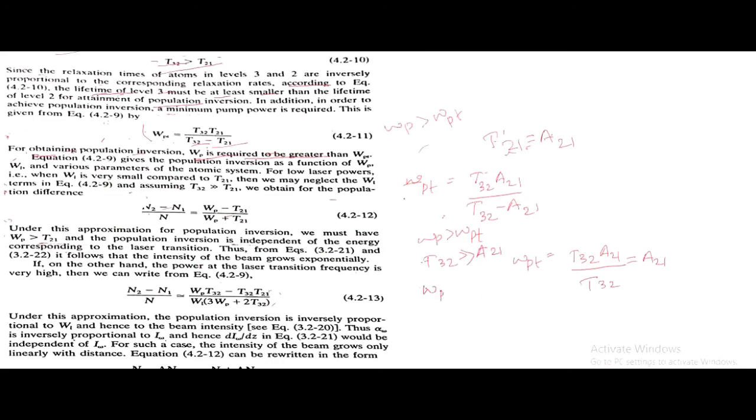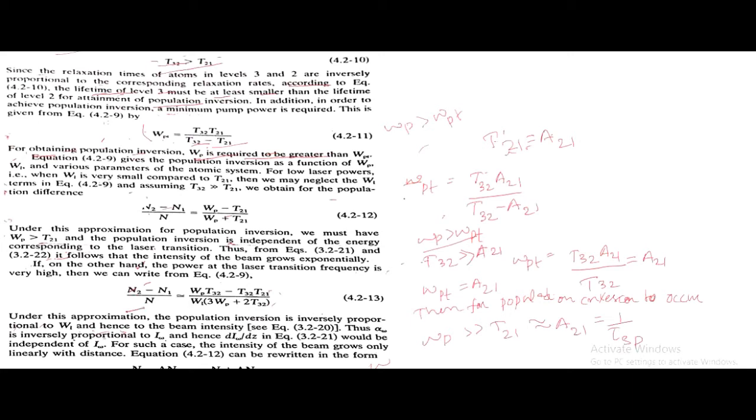That is, WPT equals A21, that is, the spontaneous emission 3 to 1 is greater than the spontaneous emission 2 to 1. So for population inversion to occur, WP should be very much greater than T21, which is nearly equal to A21, which is equal to 1 by tau SP.